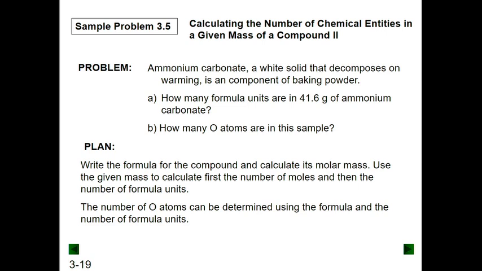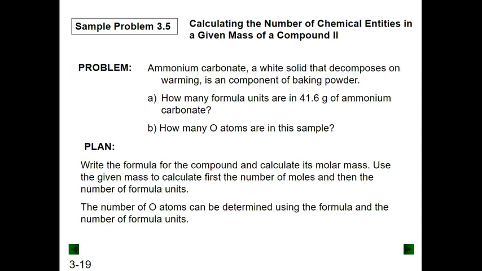Remember, ammonium is a polyatomic cation, NH4 plus, and carbonate is CO3 2 minus. So ammonium carbonate is (NH4)2CO3. So the first step is this molecular formula. Then the problem is asking us how many formula units are in 41.6 grams of ammonium carbonate.